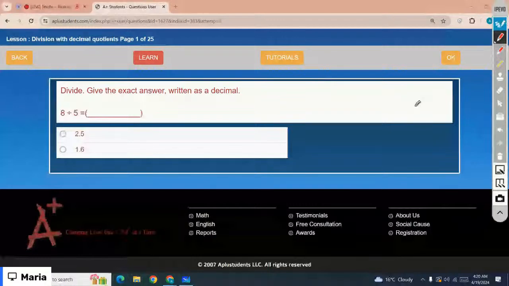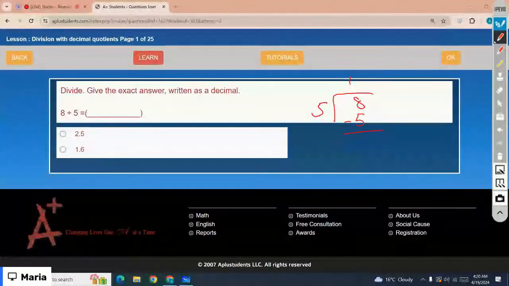5 times 1 is 5, right? We cannot go for 5 times 2 because 5 times 2 is 10, right? So you simply have to go for 5 times 1 is 5, right? 8 minus 5 is 3. You need to put a decimal point over here and a 0 over here.